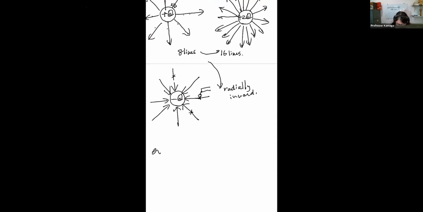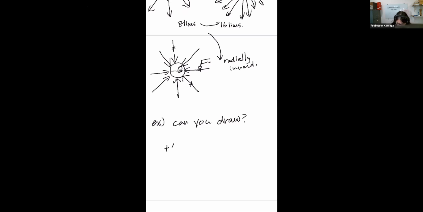Can you write plus Q, minus Q? This is called an electric dipole.